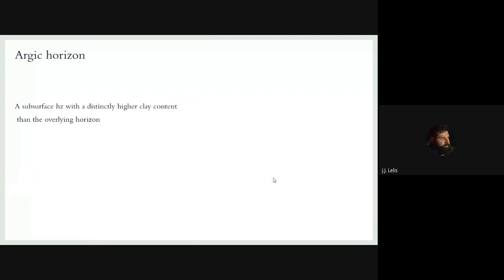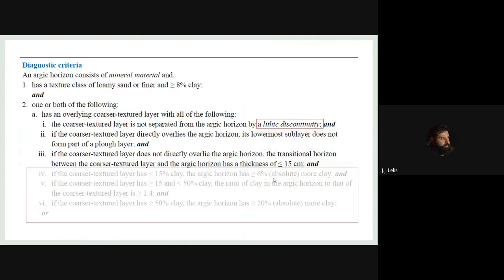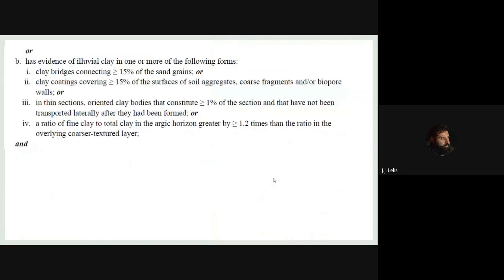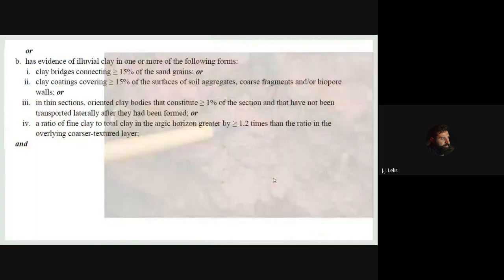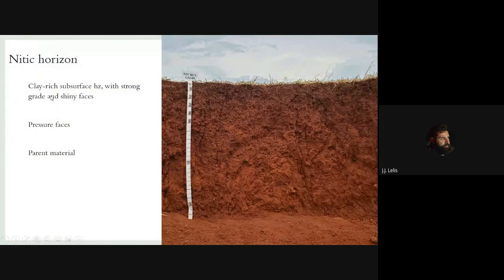An argic horizon, we just said that's not, because it does not possess any evidence of clay migration. The nitic horizon is a clay-rich subsurface horizon that possesses pressure faces, and we don't have any shiny faces, so it's not a nitic horizon.